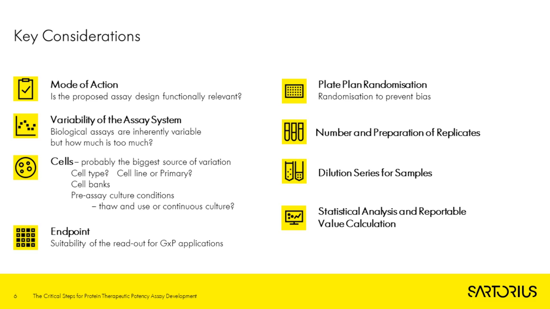So the plate layout is another factor to consider. We can perform heat maps on our assay plate to look for bias by running the same sample in every well. And we should try to implement a design that prevents any bias through randomization. When designing the plate plan, we should bear in mind how the assay will be performed.